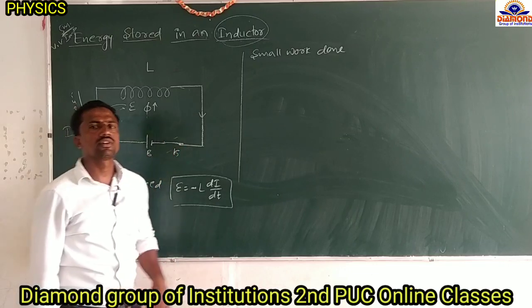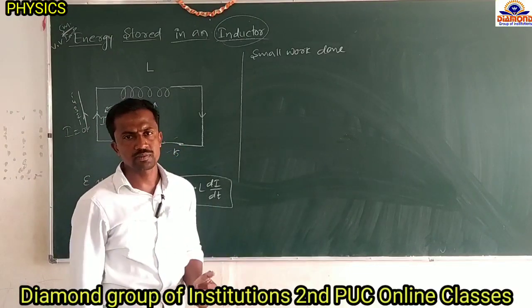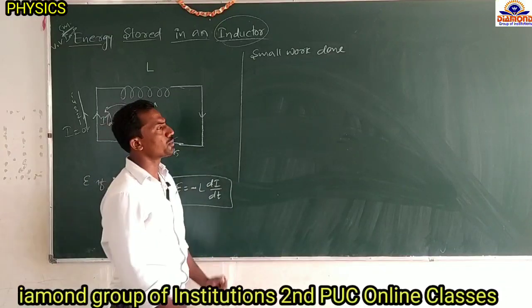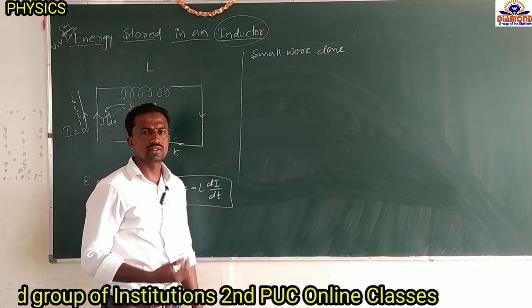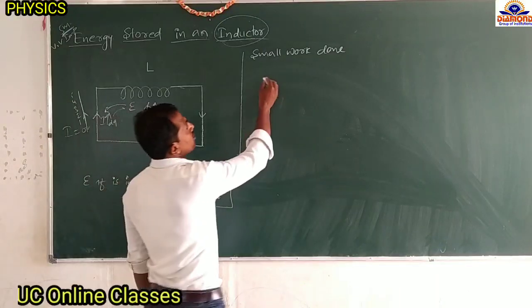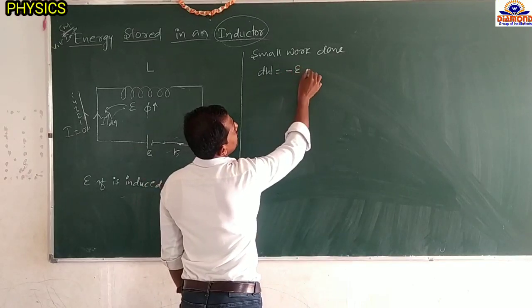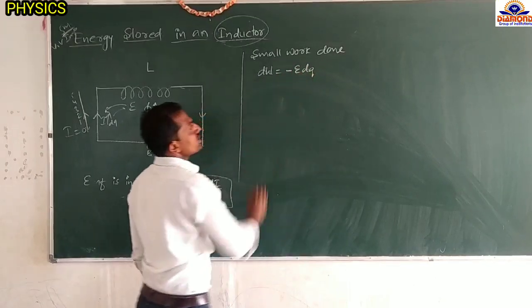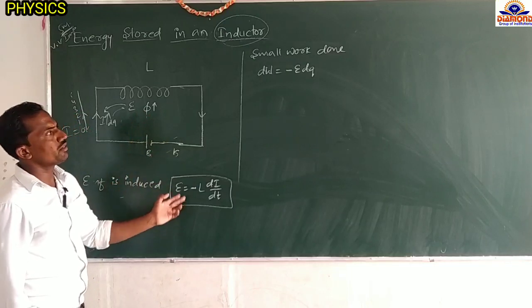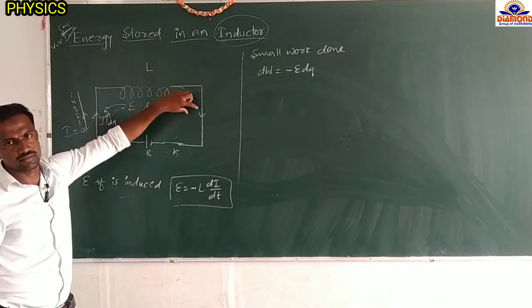Work done formula in PUC first year we discussed: work done means force into displacement. In electrostatics potential we discussed the formula W equals V into Q. We write small work done dW equals minus E into dQ. What is E? E means induced EMF. What is dQ? dQ is the charge which is transferring.